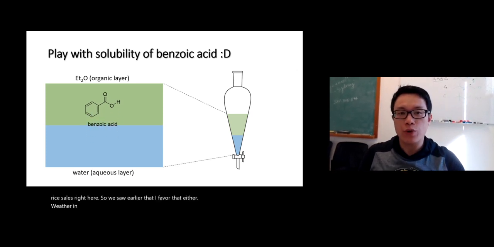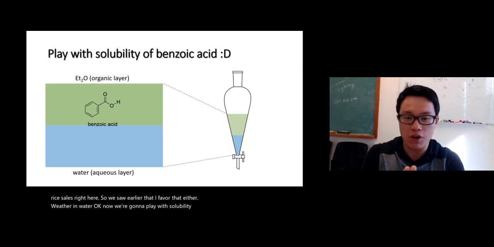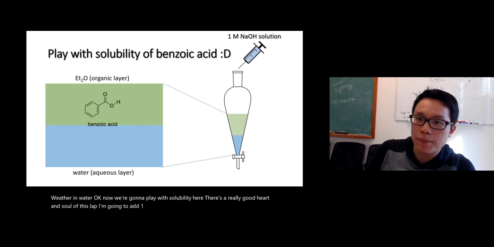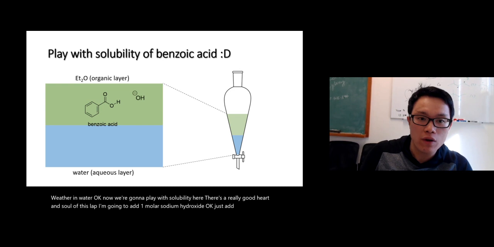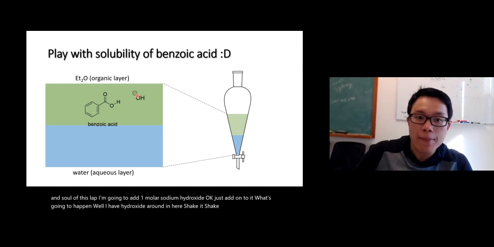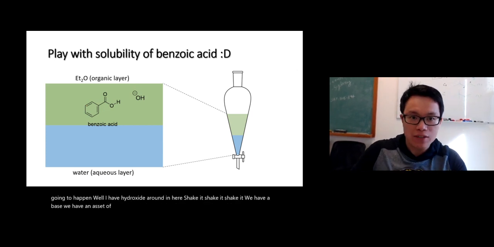Okay, now we're going to play with solubility. Look right here. This is really the heart and soul of this lab. I'm going to add 1 molar sodium hydroxide. Just add onto it. What's going to happen? Well, I have hydroxide in here. Shake it. We have a base. We have an acid. Of course, you know acid and base react, right?